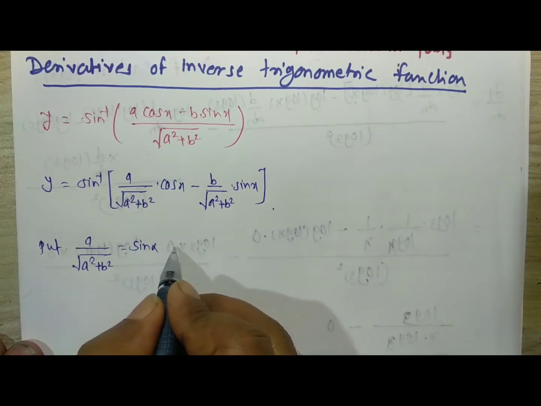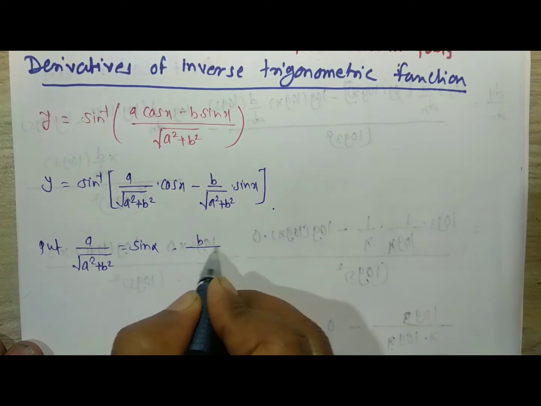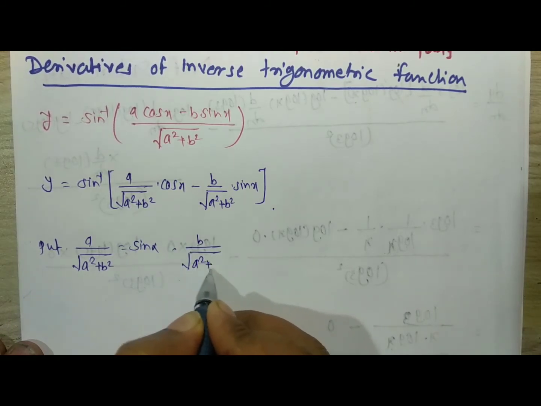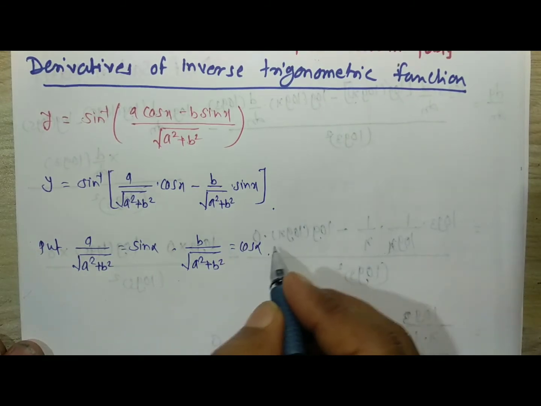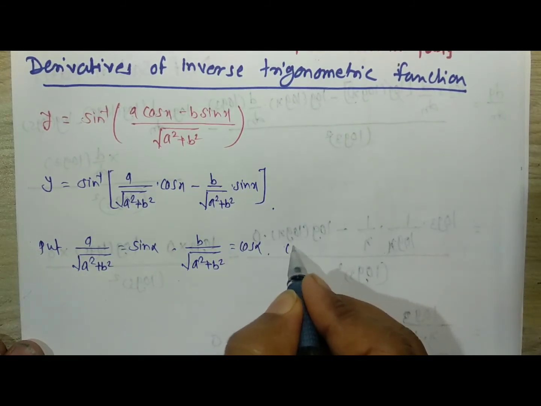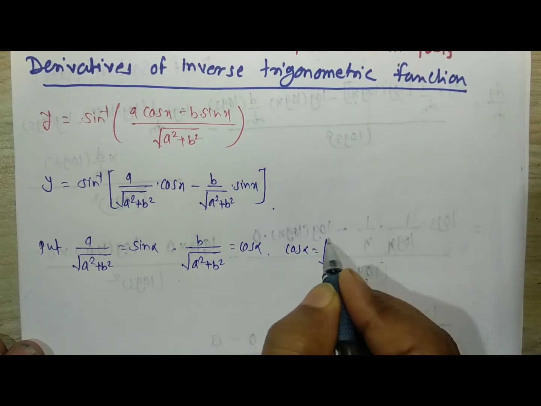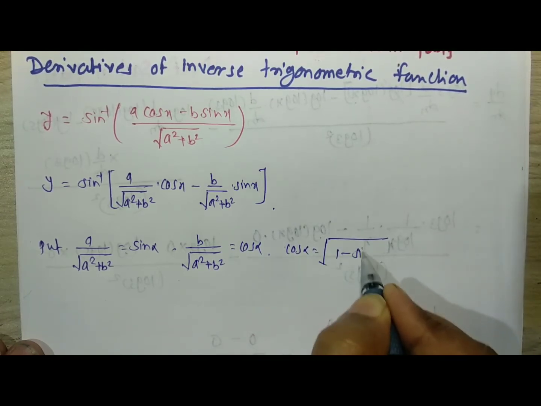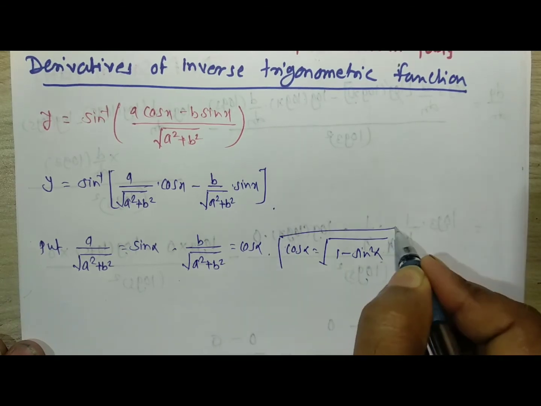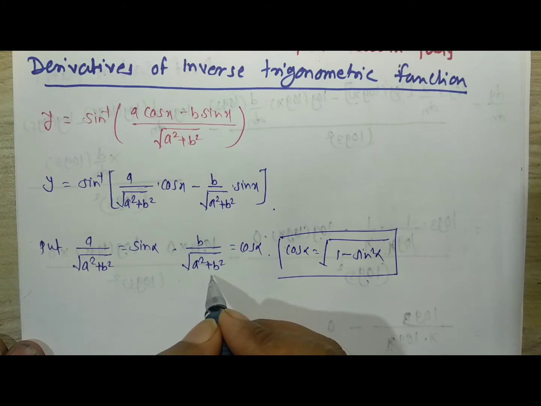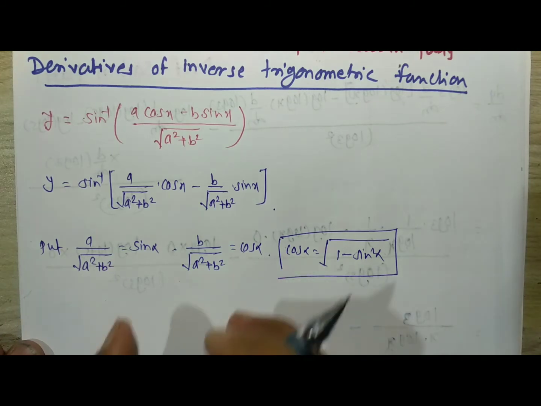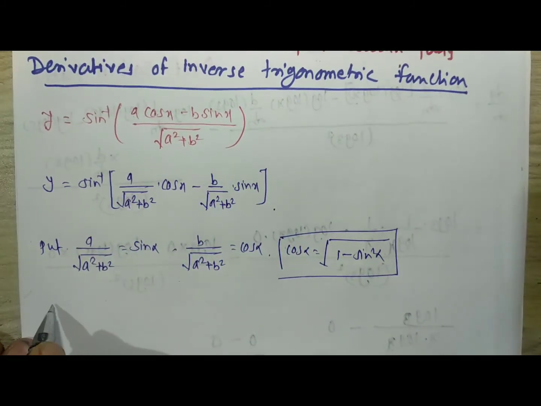Then you will directly get b divided by square root of a square plus b square is equal to cos alpha, by using the formula cos alpha is equal to square root of 1 minus sine square alpha. By using this formula you will get b divided by square root of a square plus b square is equal to cos alpha.